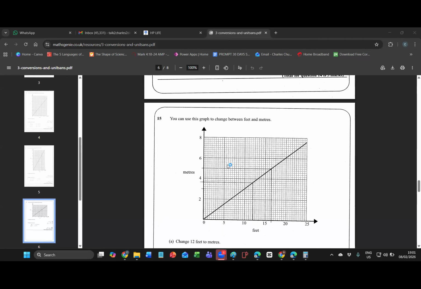That's the x-axis, the horizontal one, and also the scale on the meters axis, the vertical one. You notice that they are different, so you need to understand each of the scales. Then you need to find out where 12 is before you go ahead and do your tracing.